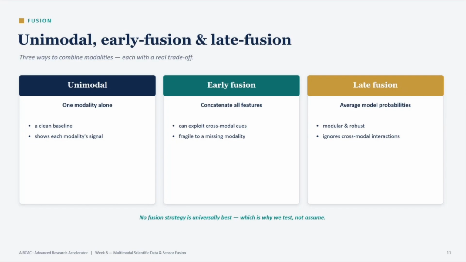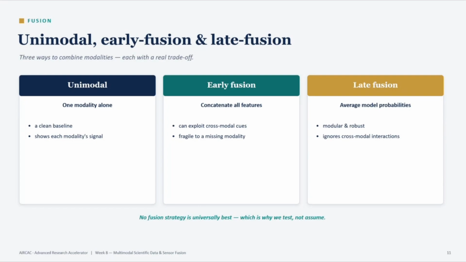The second approach is early fusion. Here we concatenate all the features into one large feature vector and train one model. The disadvantage is that the combined model can become sensitive to missing inputs.